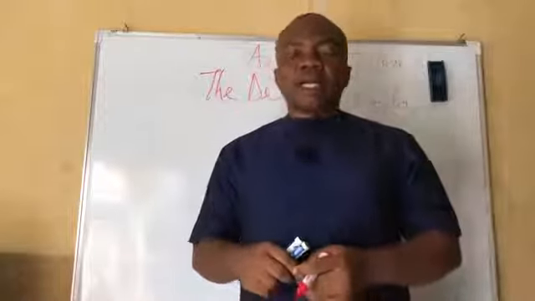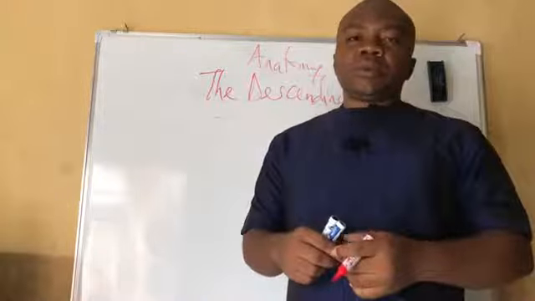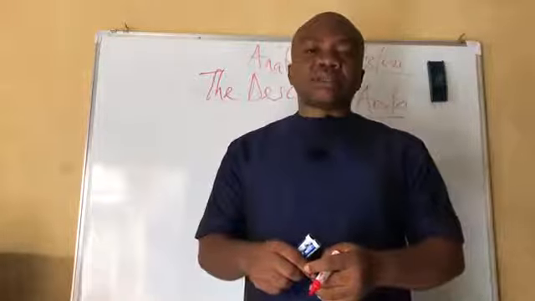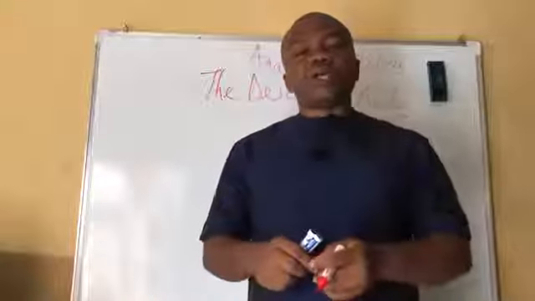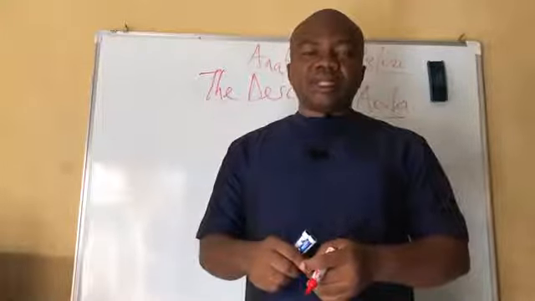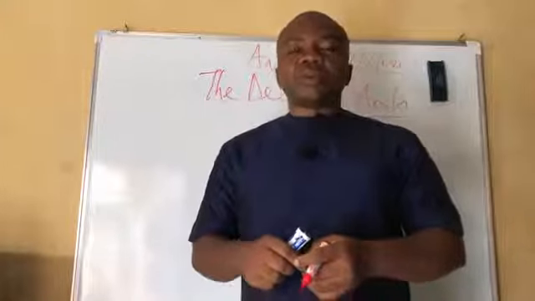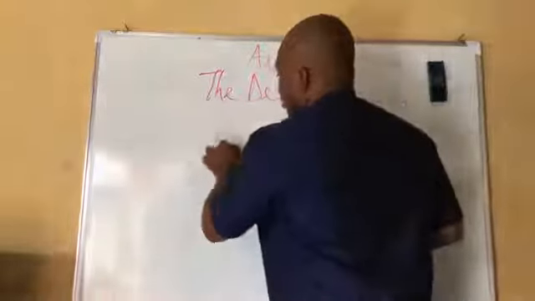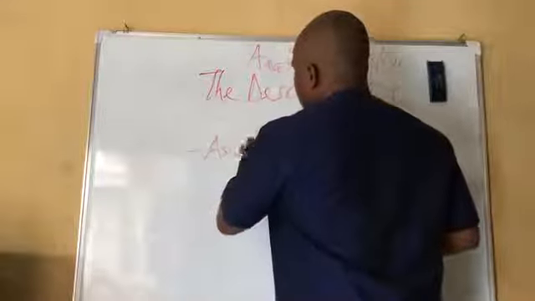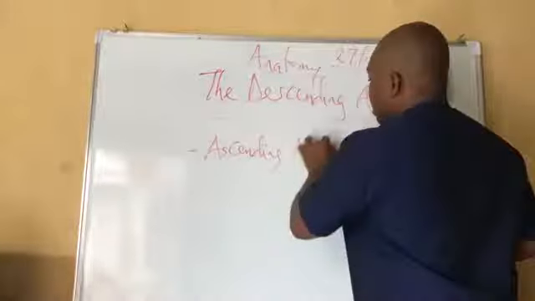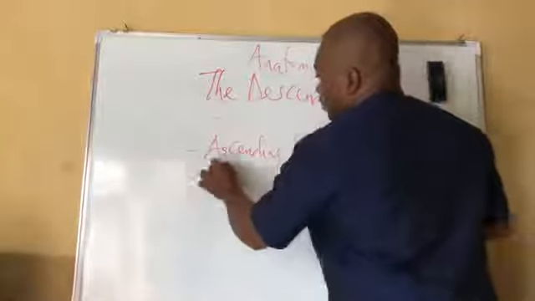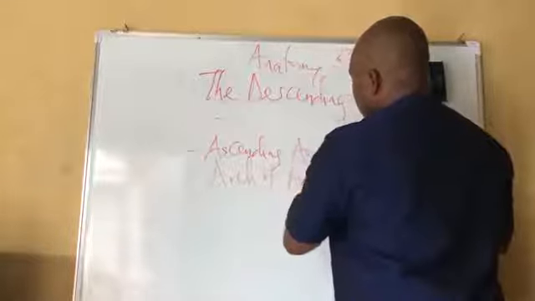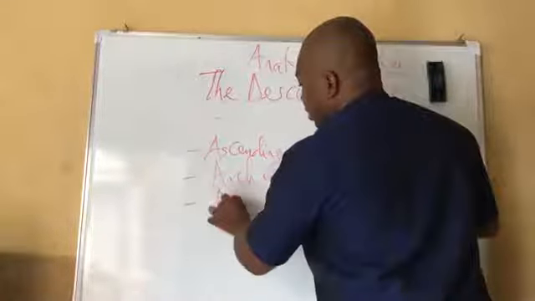The aorta is one of the great vessels that move blood away from the heart, from the left ventricle. The aorta has three parts: the ascending aorta, the arch of the aorta, and the descending aorta.